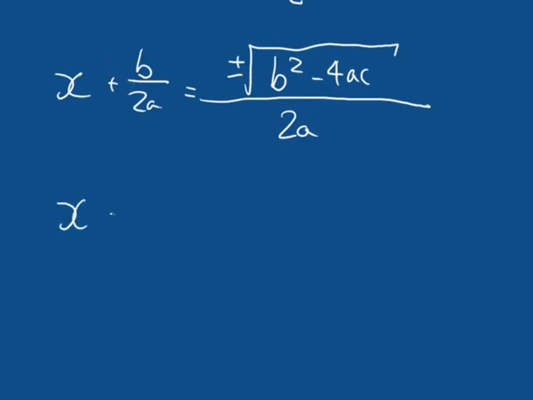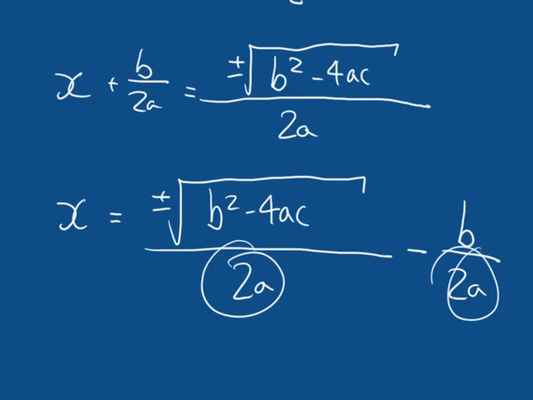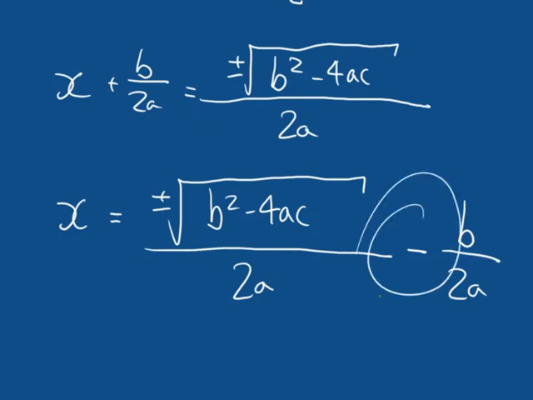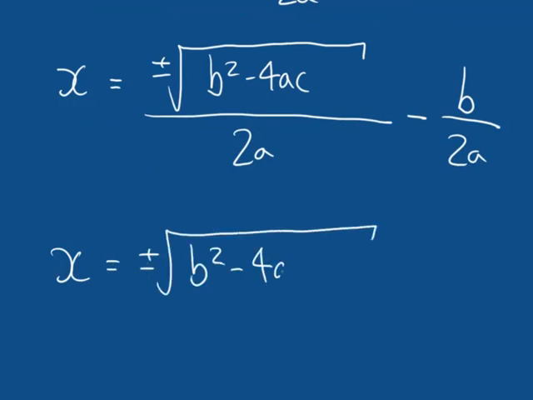So x is equal to plus or minus the root of b squared minus 4ac over 2a minus b over 2a. Notice we have a common denominator. We can combine these fractions together, which gives us x is equal to plus or minus the root of b squared minus 4ac minus b outside of the square over 2a.